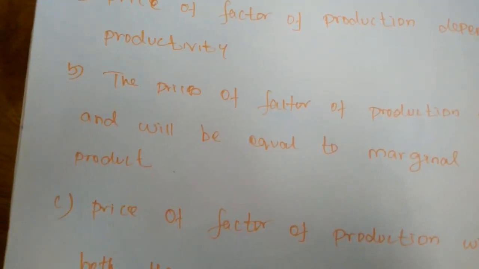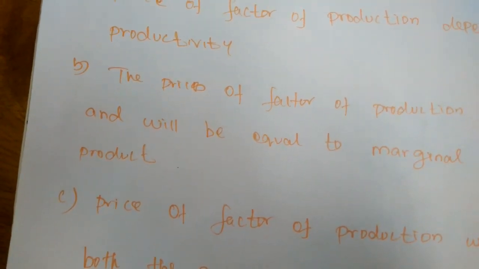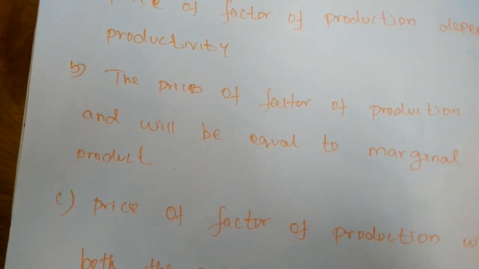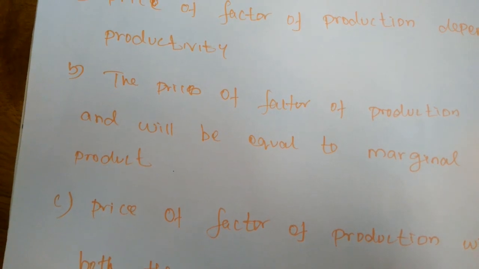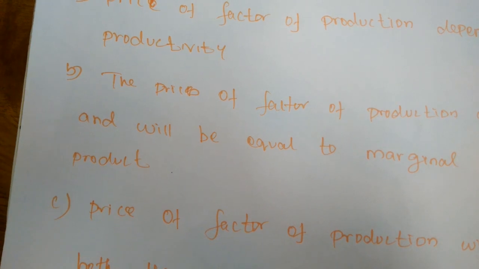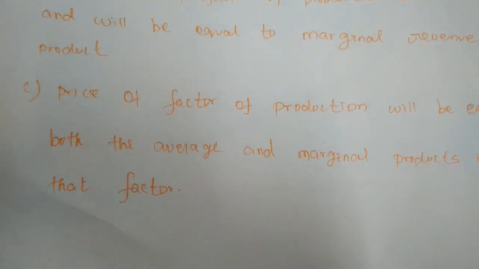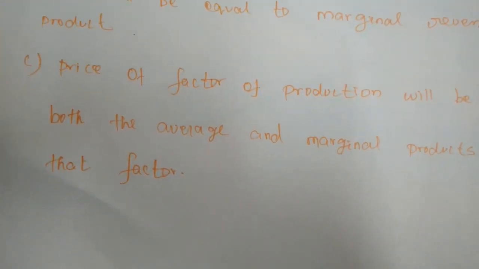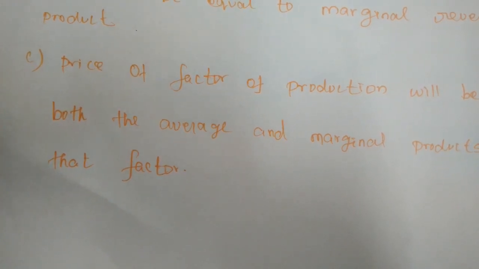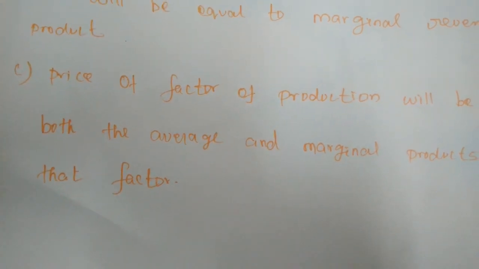Next, under certain conditions, the price of the factor will be equal to both the average and marginal product of that factor. Suppose a person is producing 5 units only; on the basis of the value of those 5 units, the factor will get its price.